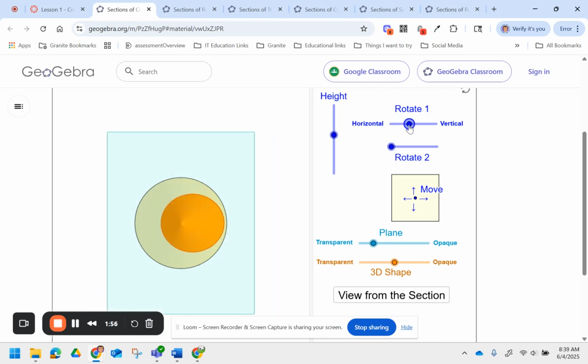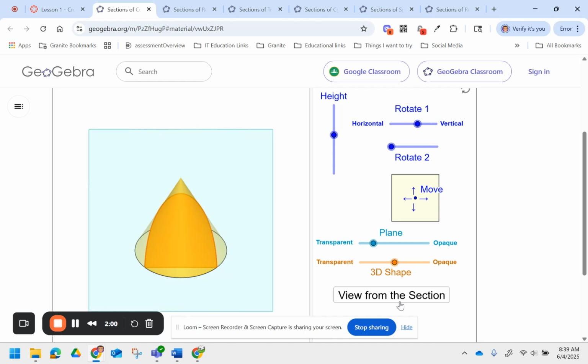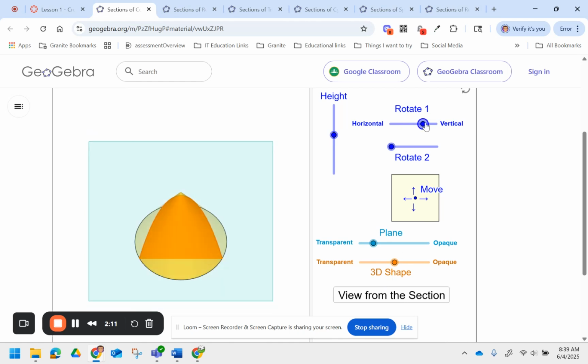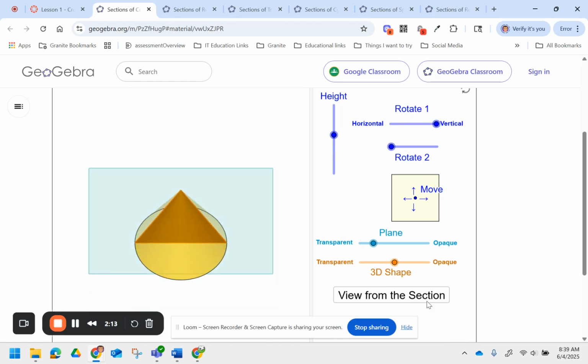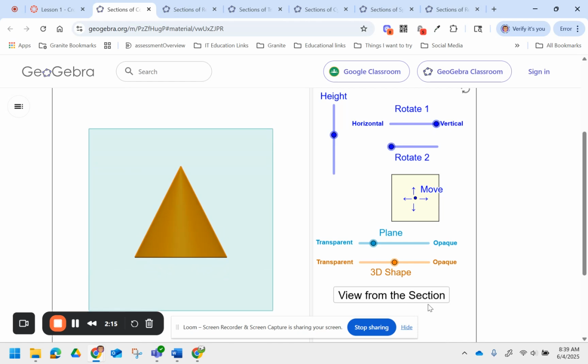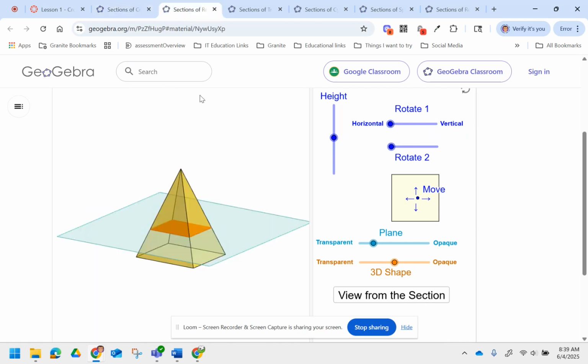However, if I rotate that, I can then get kind of a parabola or an oval or ellipse. Okay, now do it completely perpendicularly and I can get a triangle.